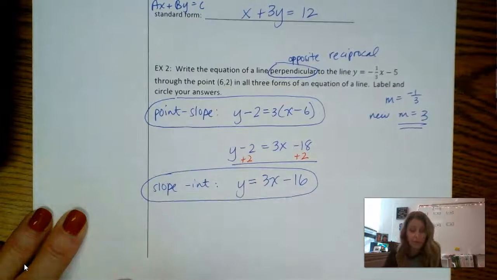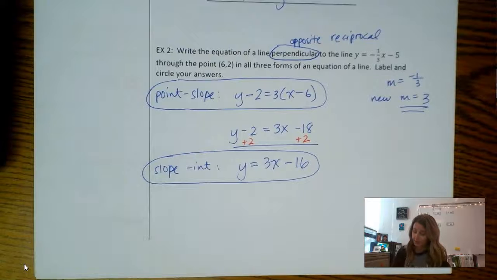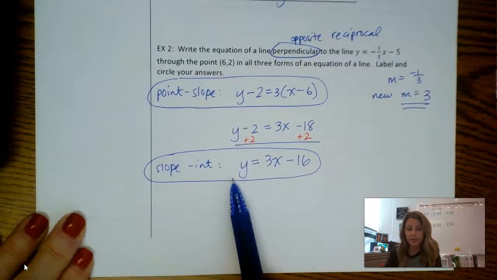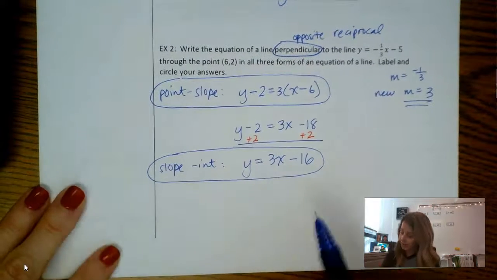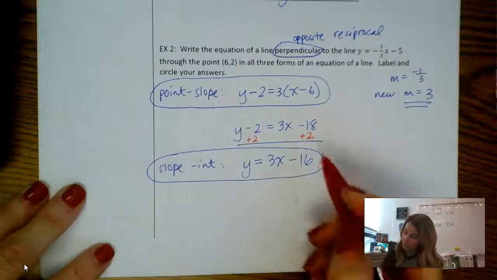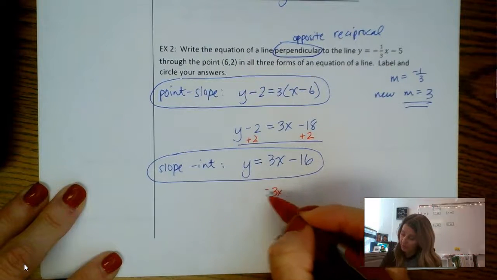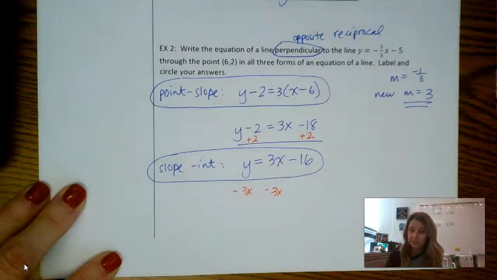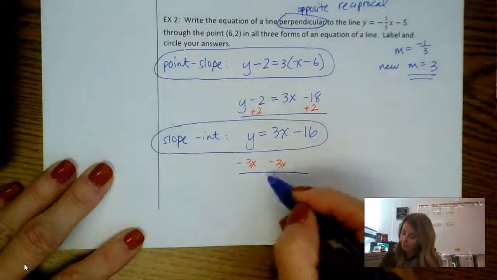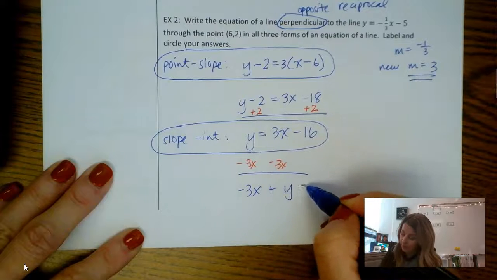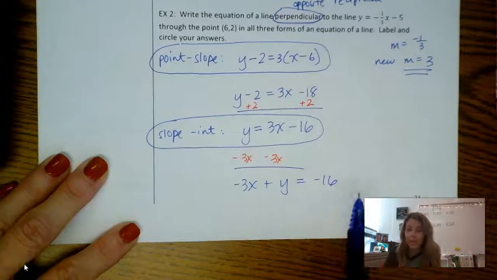Now I'm ready to go to standard. I need to move the x back over to the left and make sure I don't have any fractions. This is positive 3, so I'm going to take away 3x from both sides. So I get negative 3x plus y equals -16.